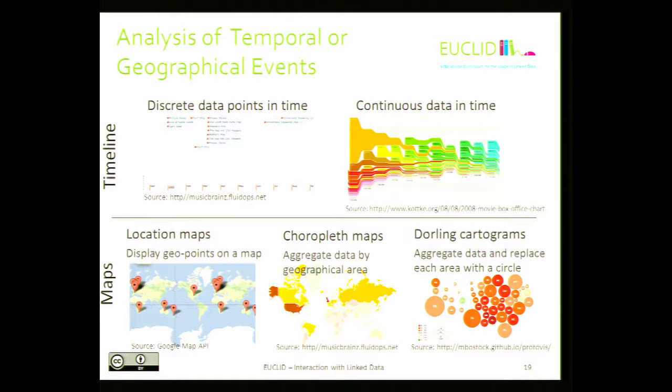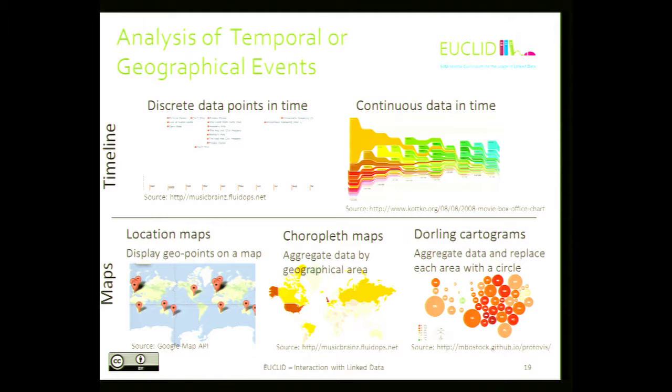For the category of analysis of temporal or geographical data, we have variations of timelines. For example, here a timeline with discrete points in time, or here timelines with continuous data shown here.